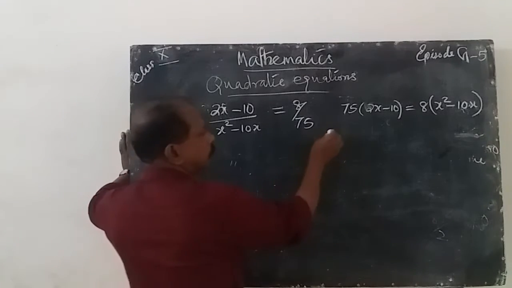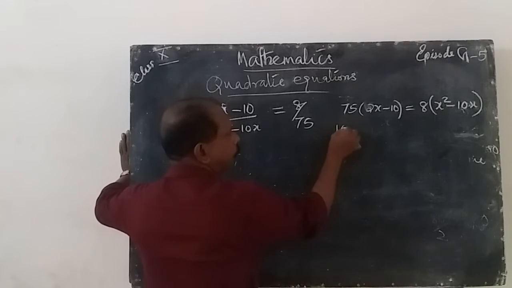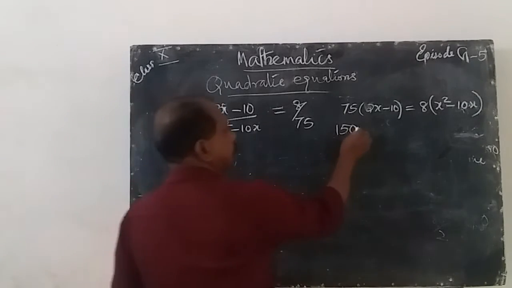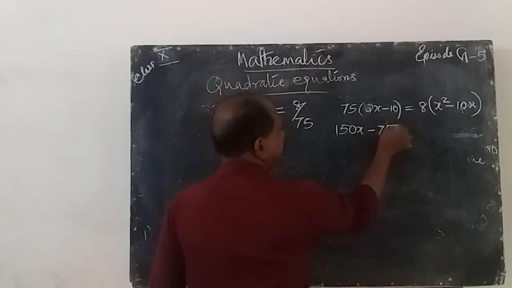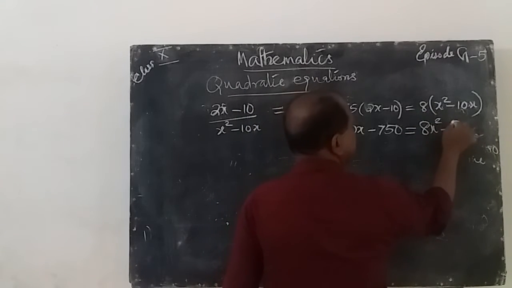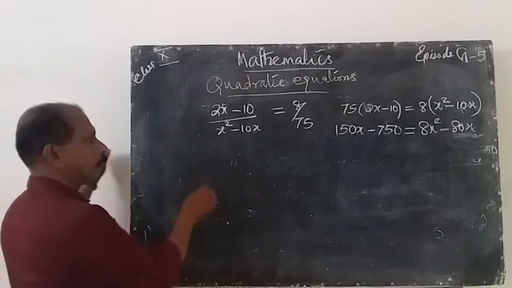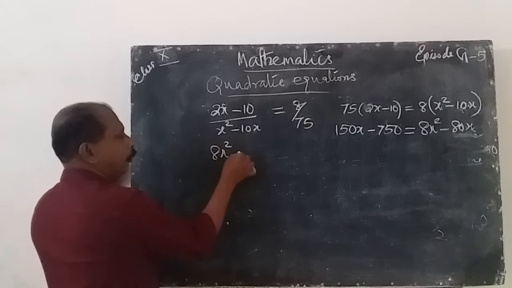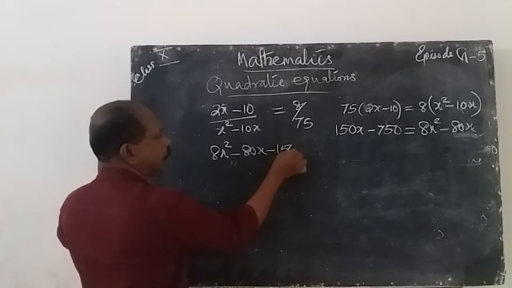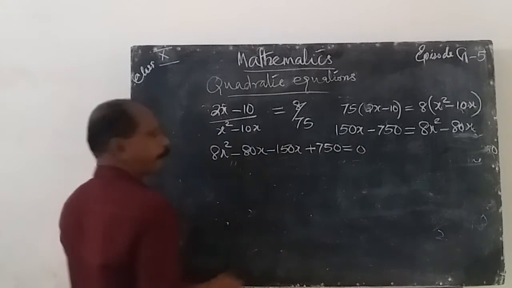Then open the brackets. 75 into 2x is 150x, minus 750 is equal to 8x square minus 80x. Then shifting this term to the right: 8x square minus 80x minus 150x plus 750 is equal to 0.